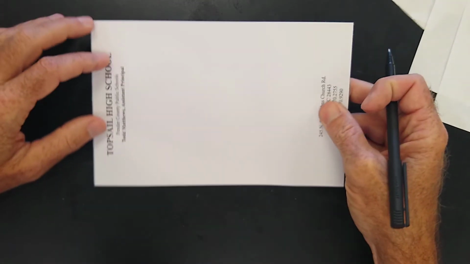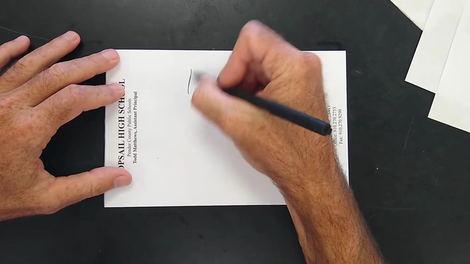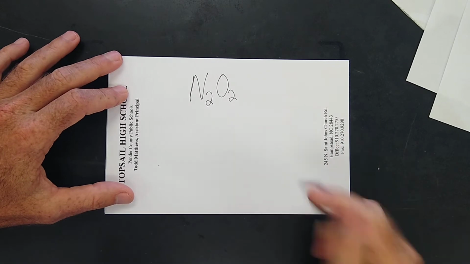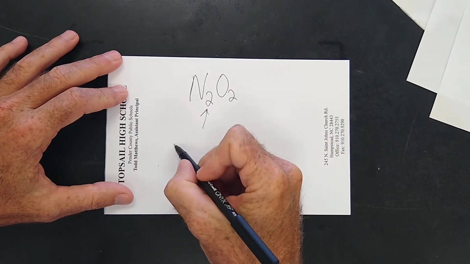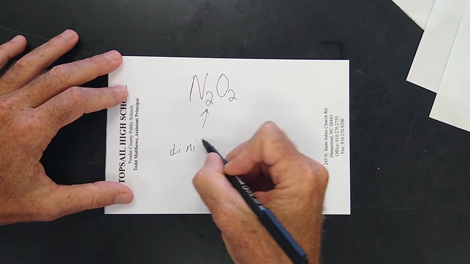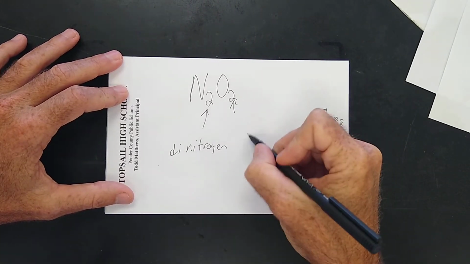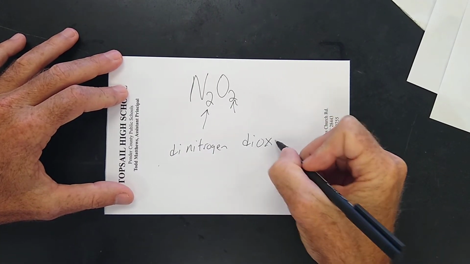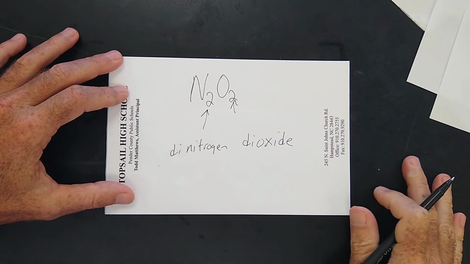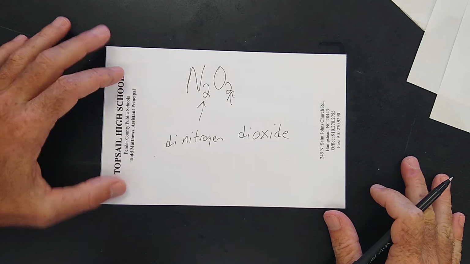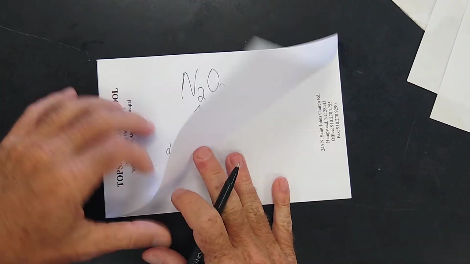Okay? How about this? The name of this N2O2 is called dinitrogen dioxide. That's it. That's all there is to it. I mean, people, simple.